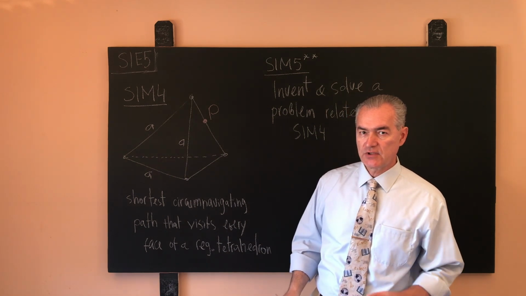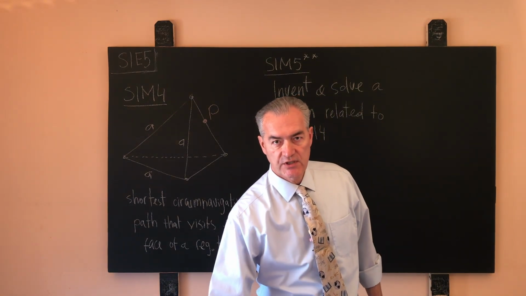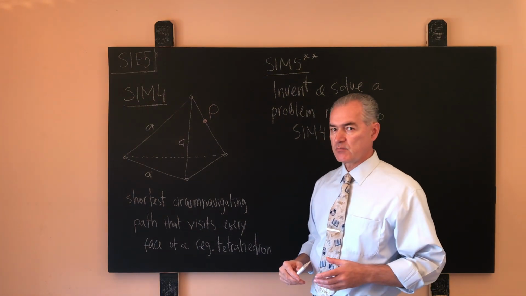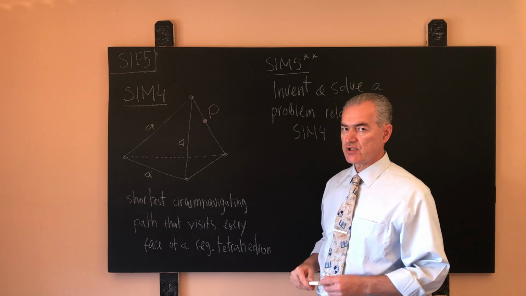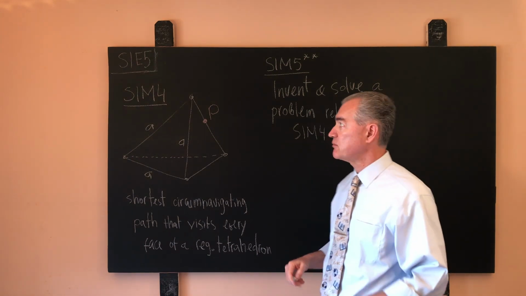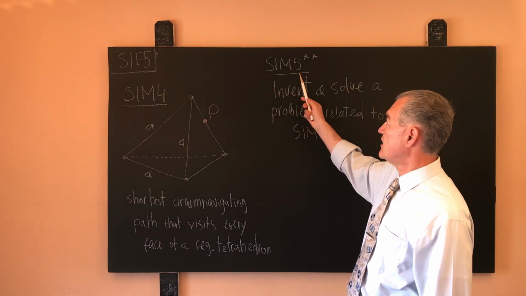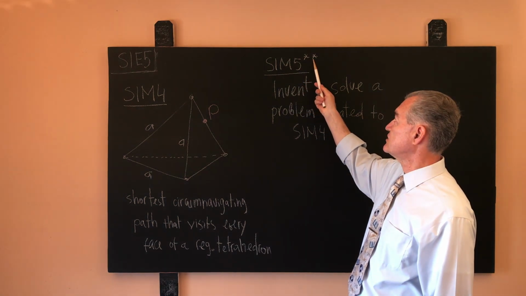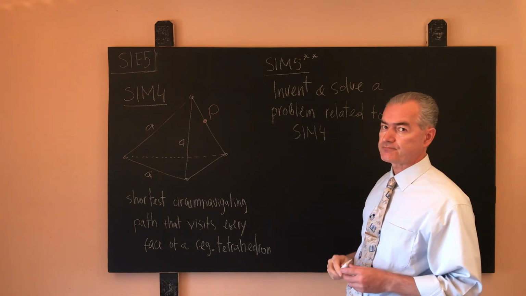You should not have too many problems solving this particular challenge, but spend a good amount of time on the solution of this problem, because the next problem, S1M5, will be so difficult that I gave it 2 asterisks or 2 stars.